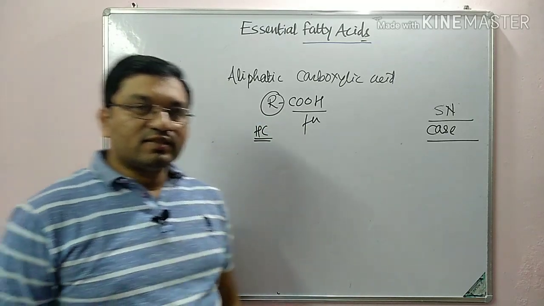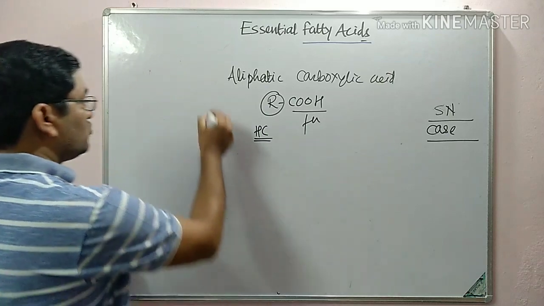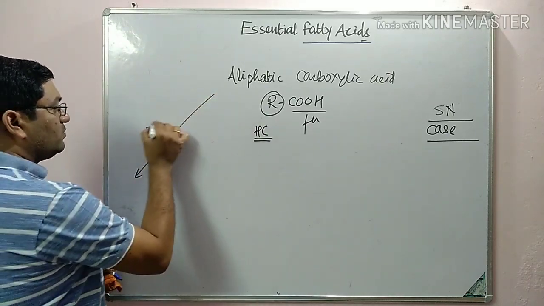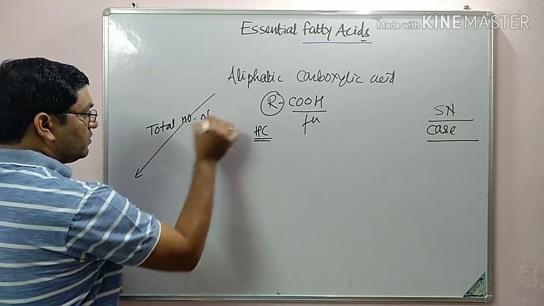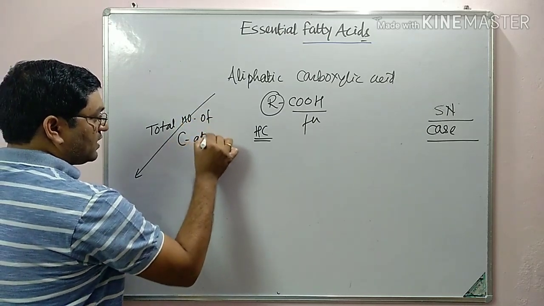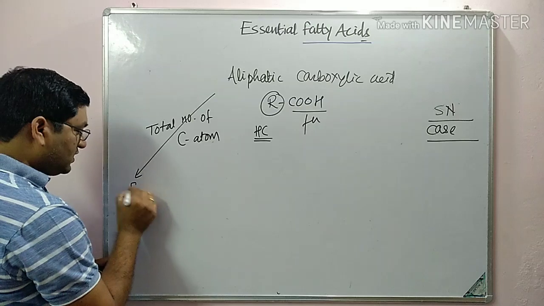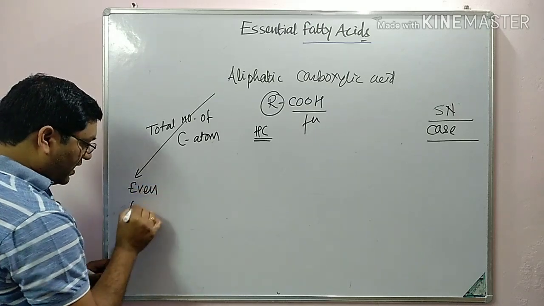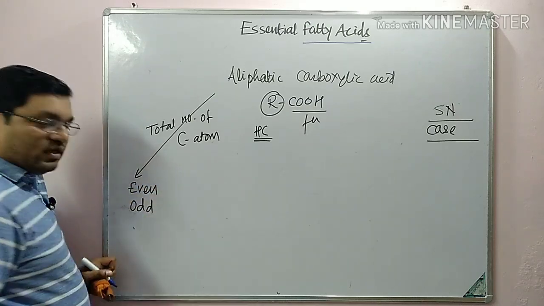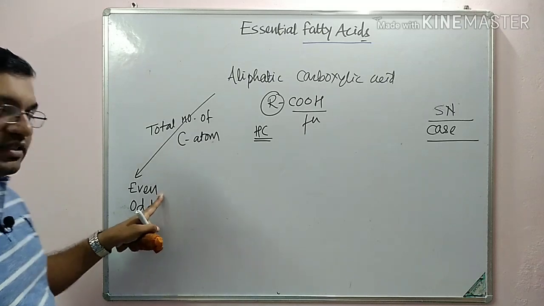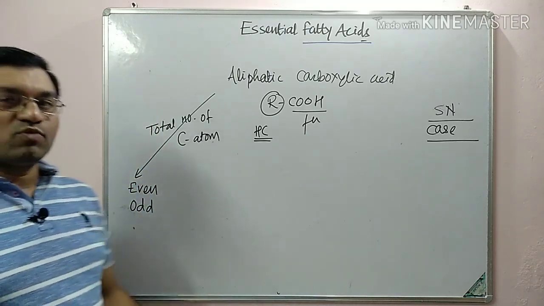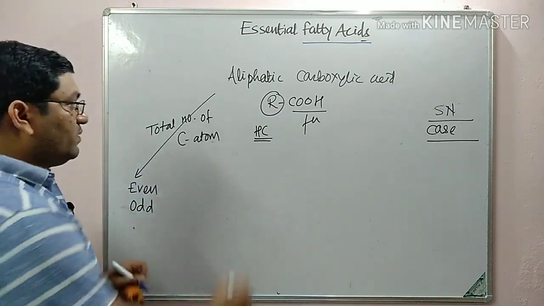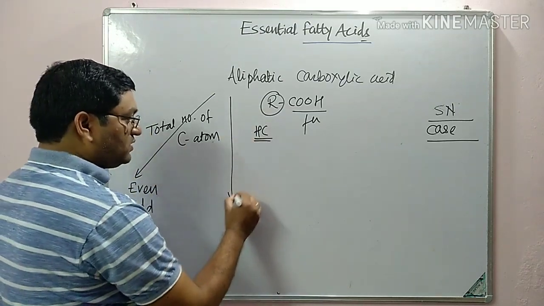These fatty acids are classified on the basis of the total number of carbon atoms as even chain and odd chain fatty acids. Examples of even chain fatty acids are palmitic acid and stearic acid, while an odd chain fatty acid is propionic acid.